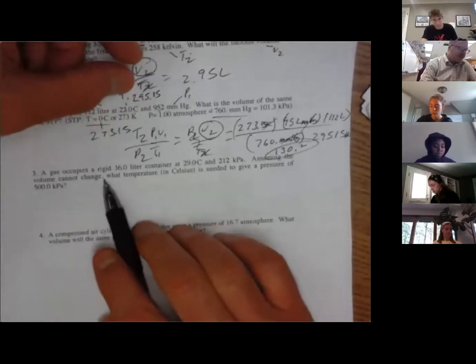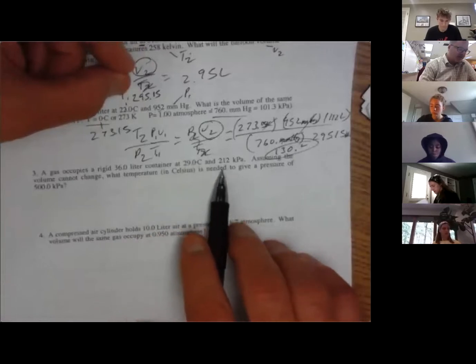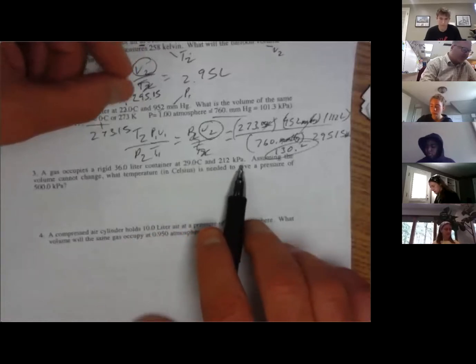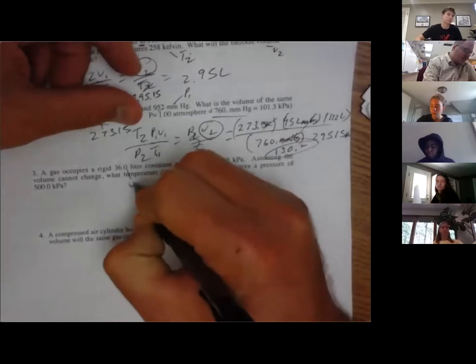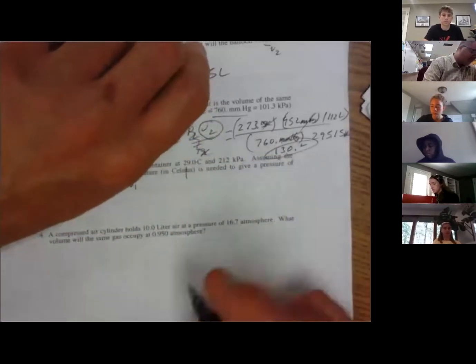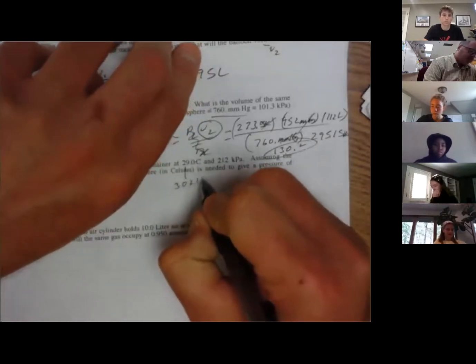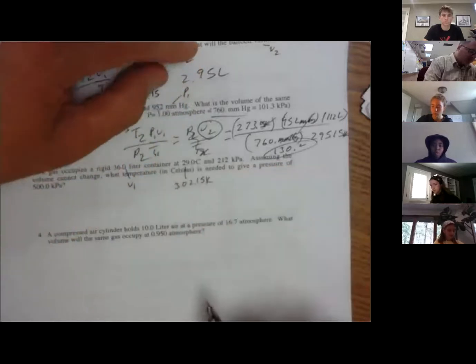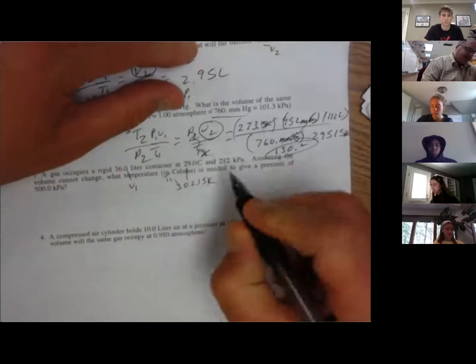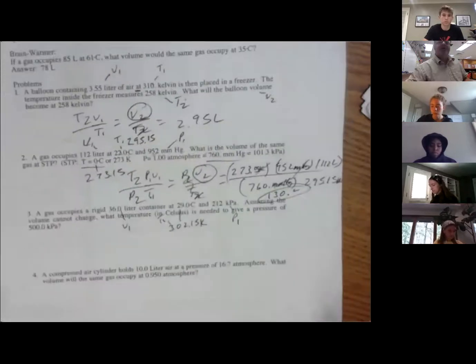A gas occupies a rigid 36-liter container at 29 degrees Celsius and 212 kilopascal. So right there's V1. That's close to T1: 29 plus 273.15, the answer is 302.15. There's our T1. Here's our P1. So we got that.